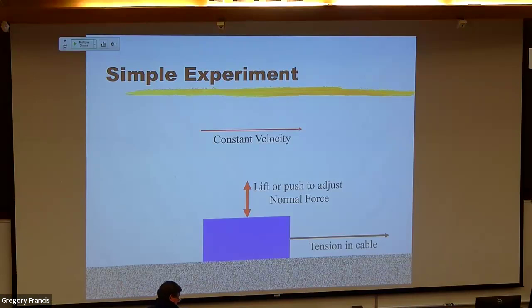Now, let's talk about what we just did there. By putting different people on that sled, we were changing the normal force between the bottom of the sled and the floor, okay?